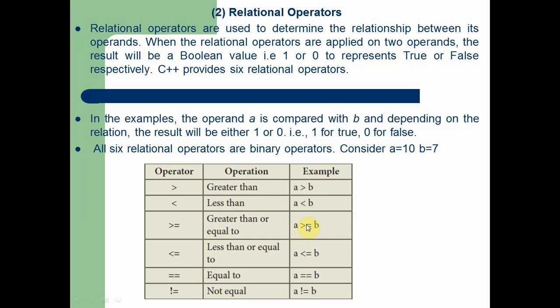What is the difference? This will first check whether the given number is greater, otherwise it checks equality also. Consider that the a value is 7. When you check 7 greater than or equal to 7, the expression will first check the greater than symbol, which is false.